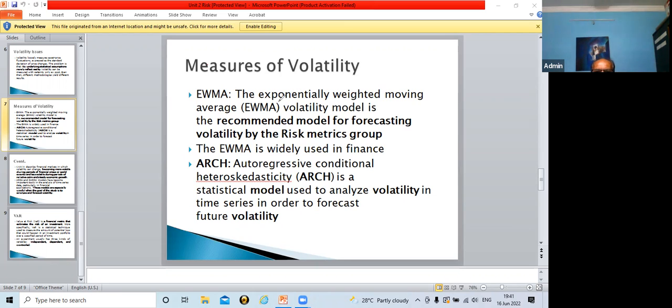E stands for exponentially, W stands for weighted, M for moving, and A for average. So exponentially weighted moving average. That is the long form of EWMA.